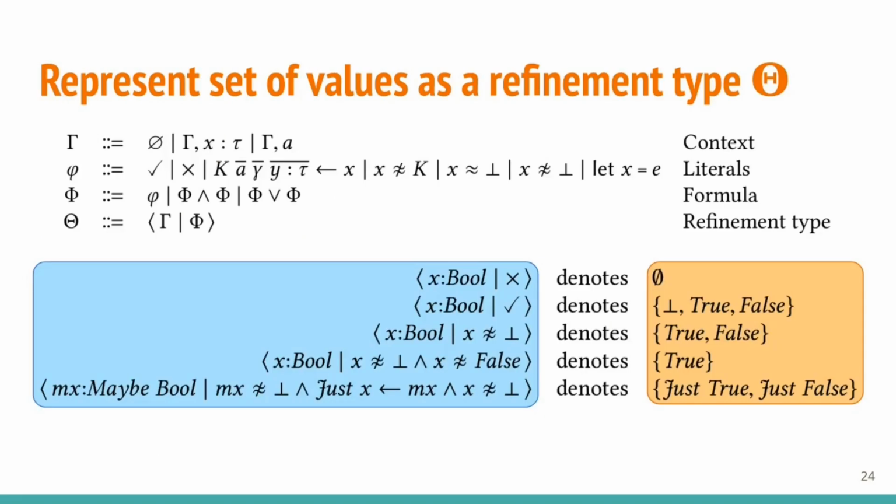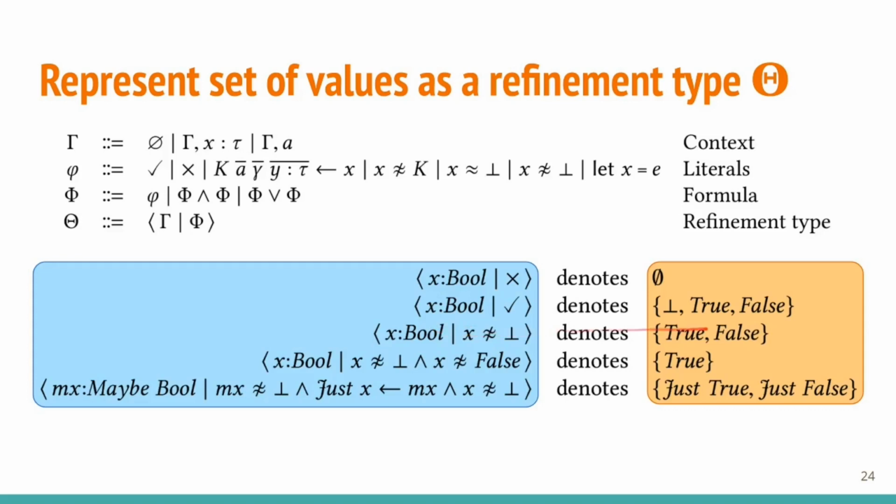We picked refinement types for the job. Here are a few example refinement types in blue, as well as the sets they denote in orange. Cross is the unsatisfiable refinement predicate, so there are no inhabitants. Checkmark is the trivially satisfiable refinement predicate, which means we have all the inhabitants of bool.